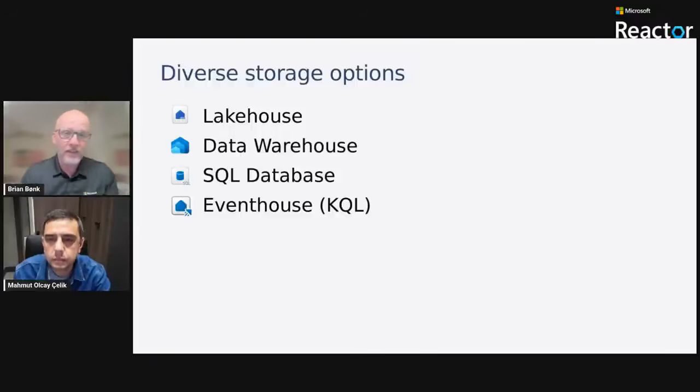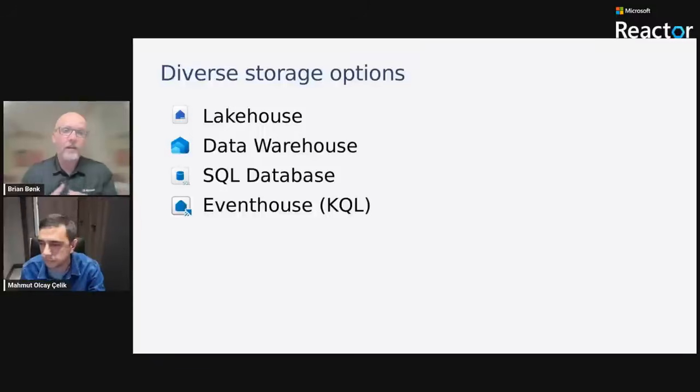Based on these ingestion options, we have 4 main ways of storing data. We have the Lakehouse. The Lakehouse and the next 2 items are storing data directly in OneLake. Lakehouse is based on the Synapse engine, the old Synapse engine, and it is based on a high compute cluster with the underlying Delta Parquet files underneath.